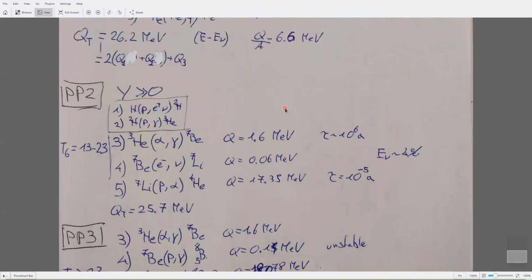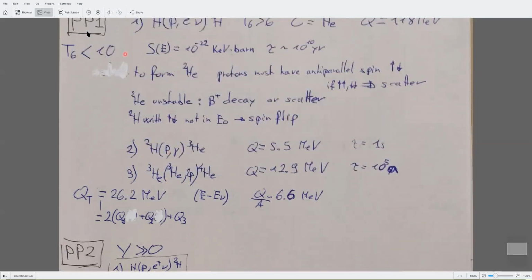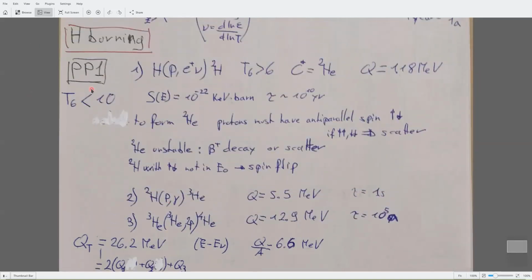Professor, which of these two reactions is more common? I'm writing exactly these things. Usually we talk about just PP1, because it's the main reaction above 10 million Kelvin degrees.